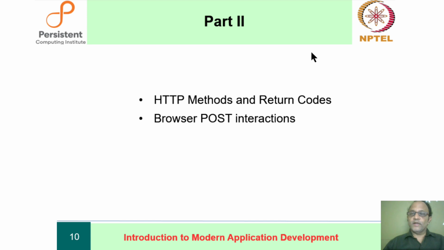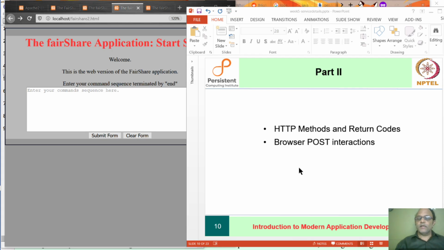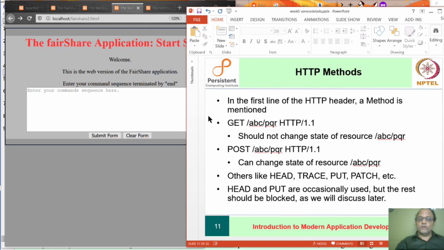Now let's start looking at the details for this session. Let us begin our study of the HTTP methods and return codes by looking at our command line app. As we saw, in the first line of the HTTP header, a method is mentioned. If the method name is get, then a request is made.